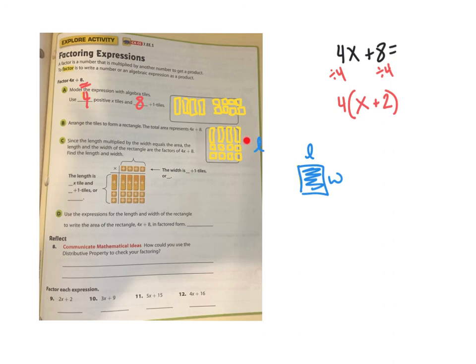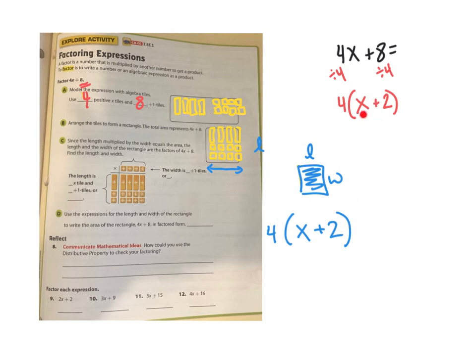It's 1x plus 2 of the 1s, so x plus 2. And what is the width of it? It's 1, 2, 3, 4 of the ones. So I would be taking the 4 ones and multiplying it, because that's the length and the width. I multiply the length times the width: these 4 ones times the x plus 2 on this side, and that is the area of this with the algebra tiles.